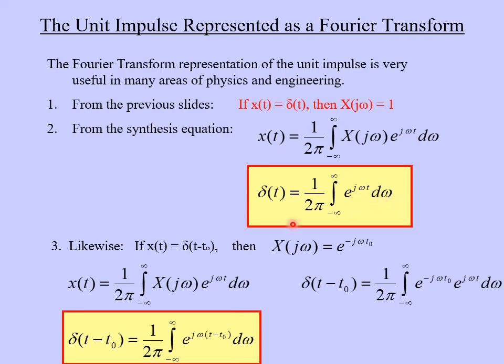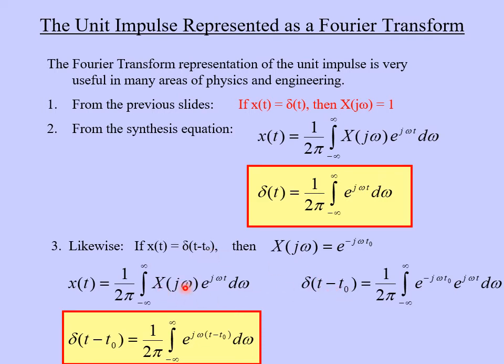Likewise, if we take a delayed delta function, a delta of t minus t naught, then remember from the last slide, the Fourier transform was given by e to the minus j omega t naught. Again, we take the synthesis equation here and replace x of t with delta of t minus t naught, as shown up here. So we get this on the left.